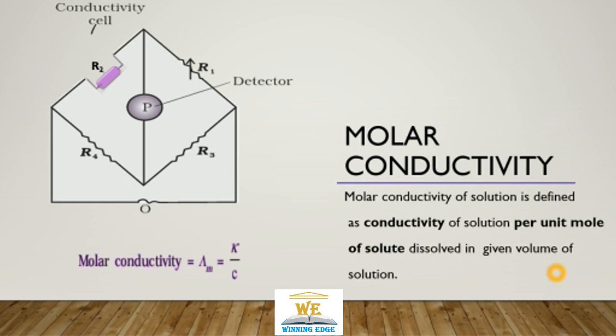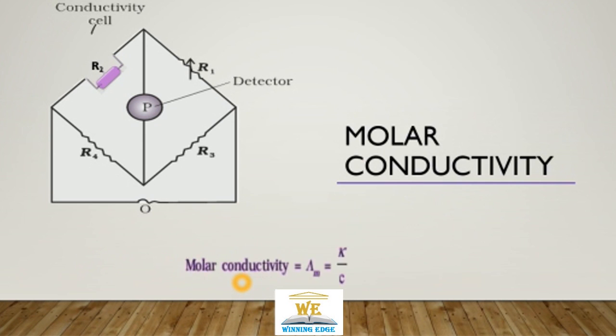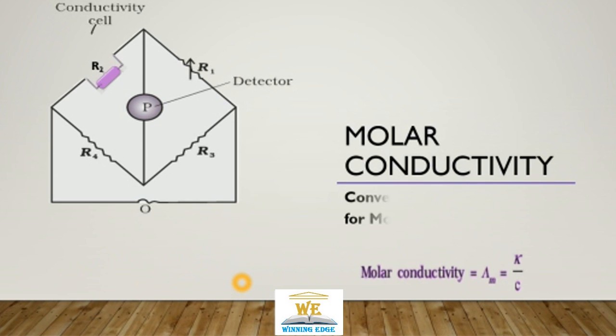So molar conductivity, which is represented by lambda M, is equal to conductivity kappa divided by concentration. The concentration here is in moles per liter. We can convert it into metric volume.